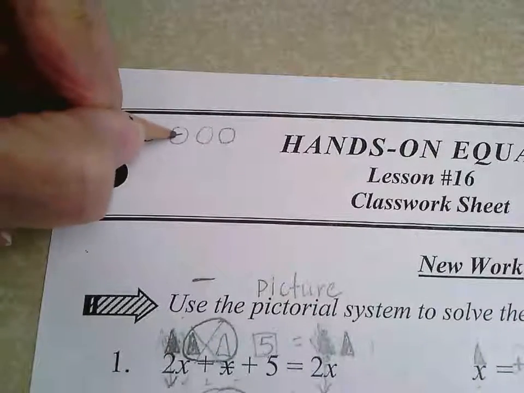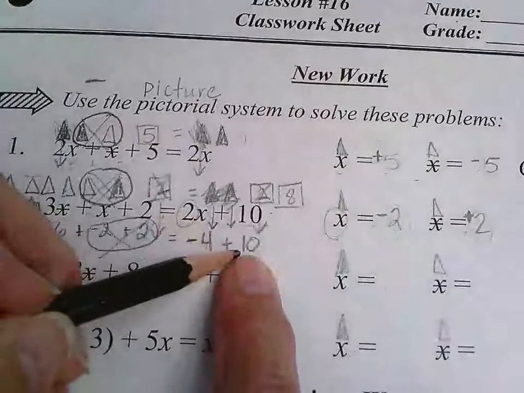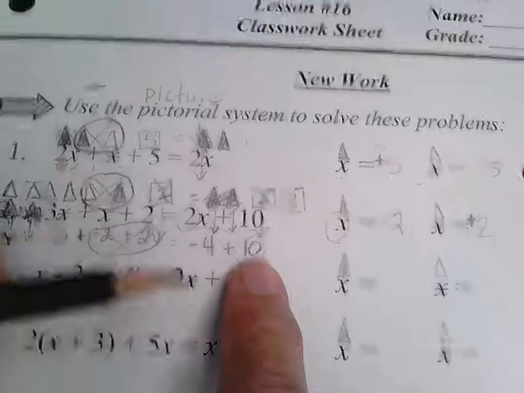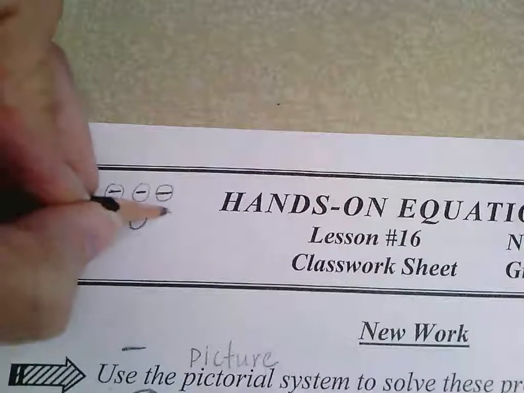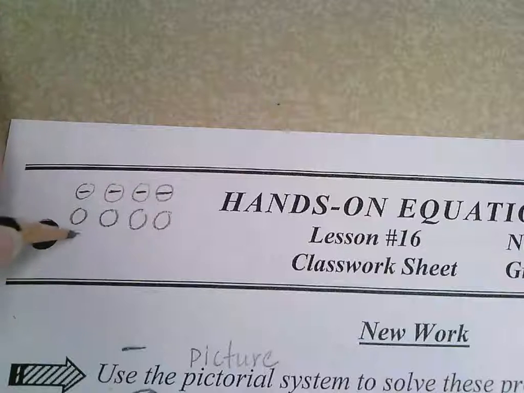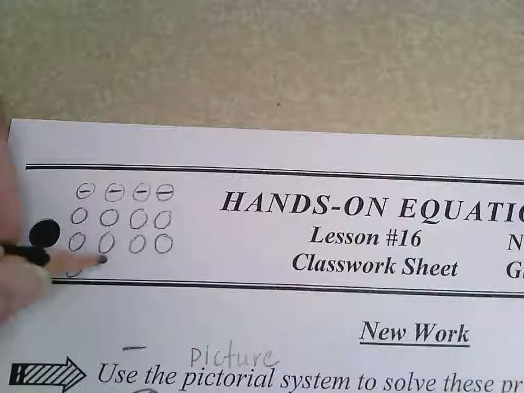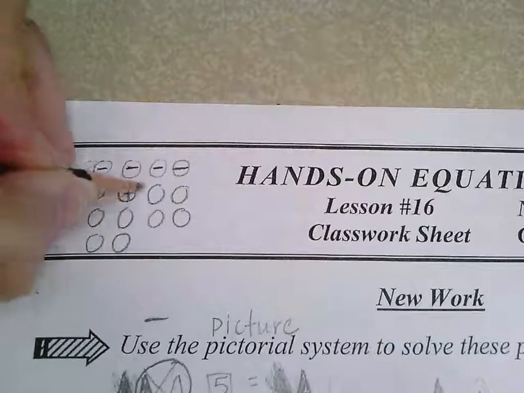So this represents my -4. And then my other circles are going to have positive signs in them, and I'm going to draw 10 of those. 1, 2, 3, 4, 5, 6, 7, 8, 9, 10. But I'm going to put pluses in those.